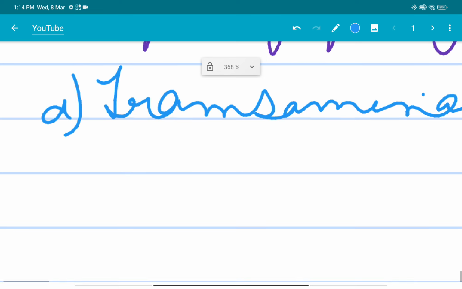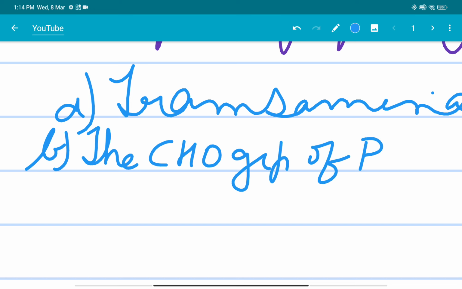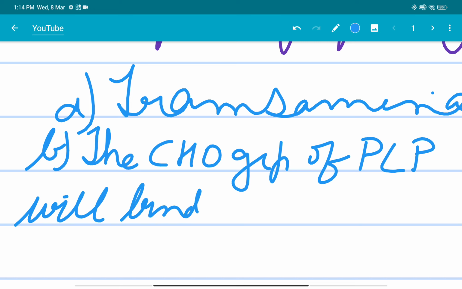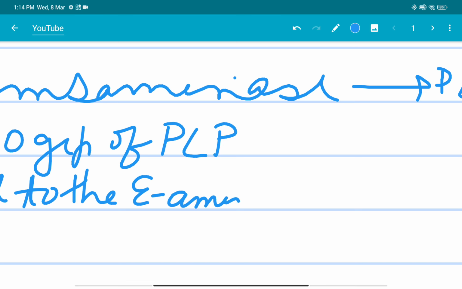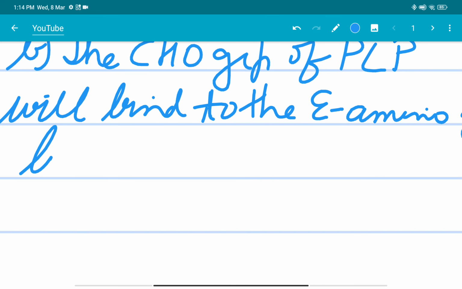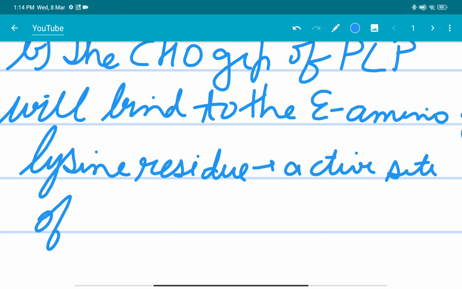The aldehyde group of pyridoxal phosphate will bind to the epsilon amino group of lysine residue, which is located on the active site of transaminase.